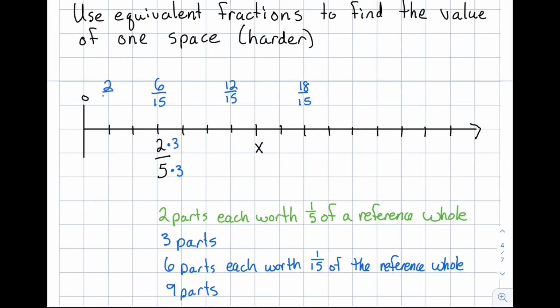So we'll have 2/15, 4/15, 6/15. And I can continue counting by 2s until I get to my x. So x is 14/15.